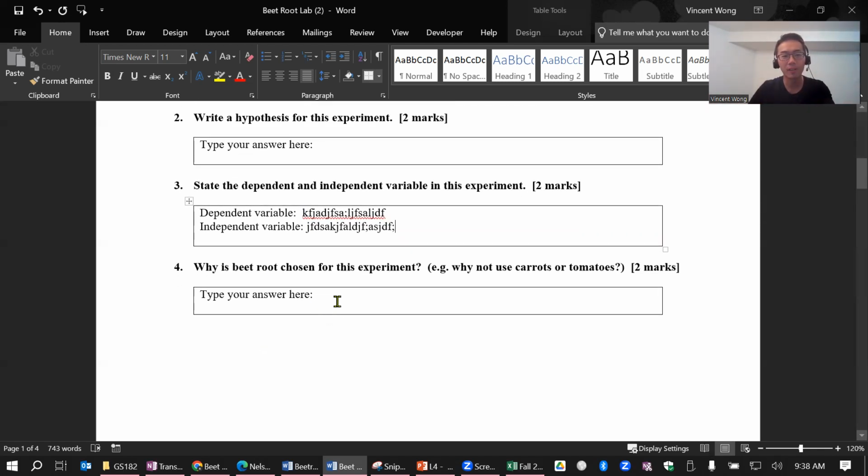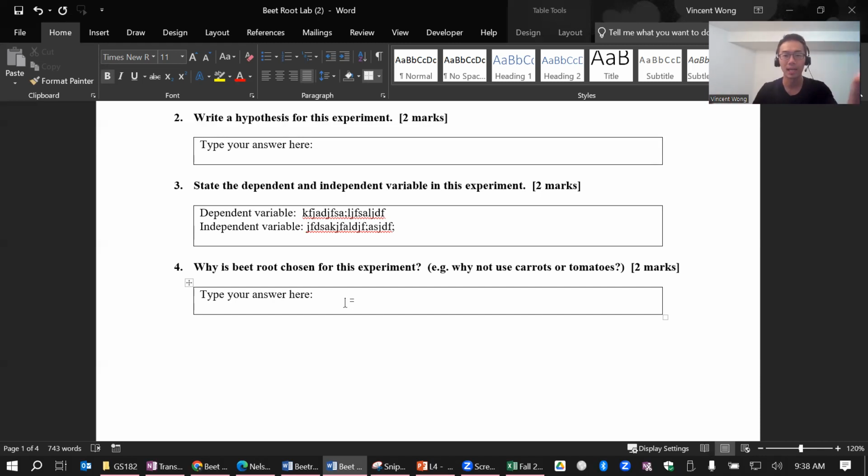Now this one people have a lot of trouble answering. I don't know if I'm not being clear or something, but they rarely say the things I want to hear. This is asking you, why is beetroot chosen for this experiment? I know the color is the reason, so that's the easy part. A lot of people say, oh, because beetroot has a very prominent color, it's like bright pink.